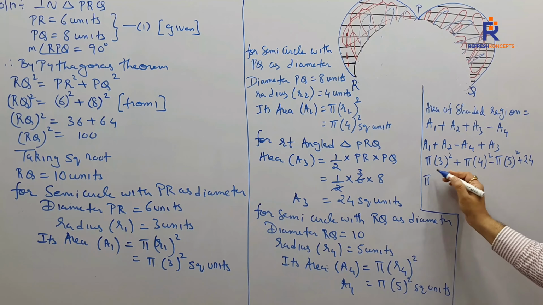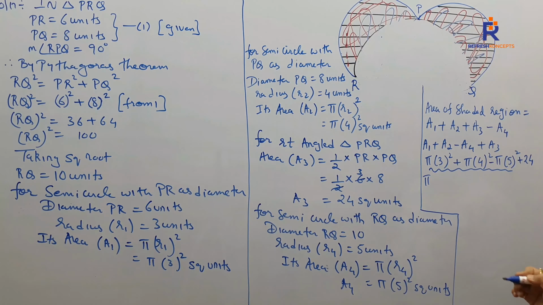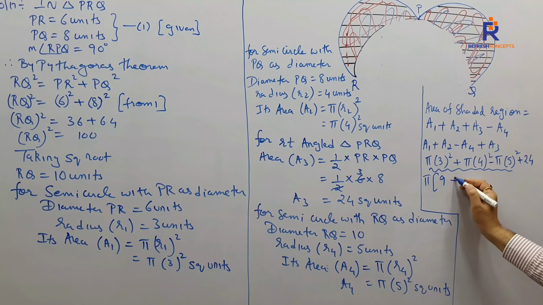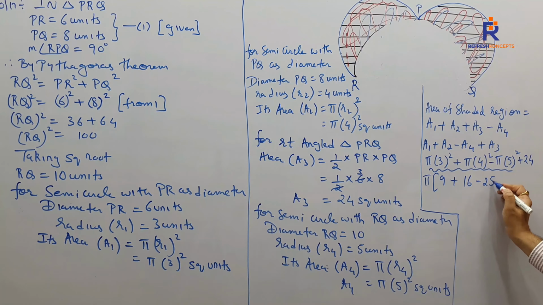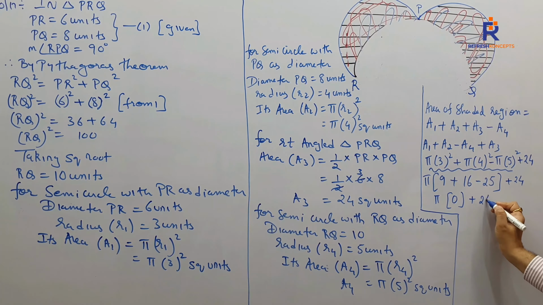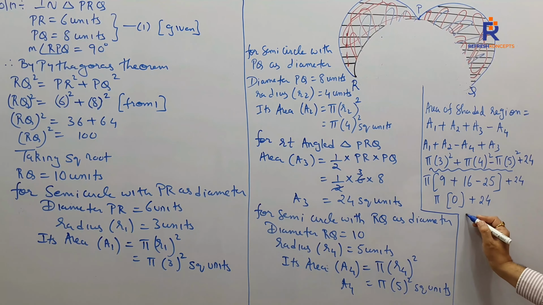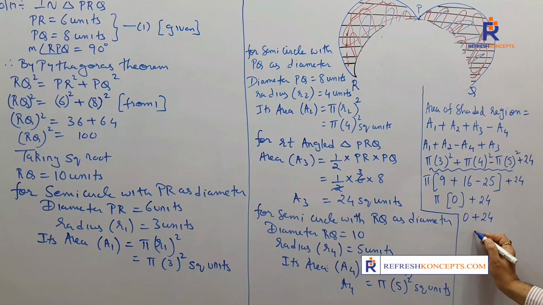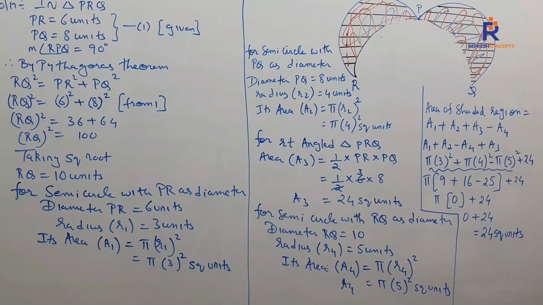Children, pi is common from the first 3 terms. Pi common, 3 square is 9, plus 4 square is 16, minus 5 square is 25, plus 24. Pi into 25 minus 25 is 0, plus 24. Though they have said to use pi as 3.14, I did not use 3.14, because anything into 0 will give me 0. So 0 plus 24. What is exactly my answer? 24 square units.